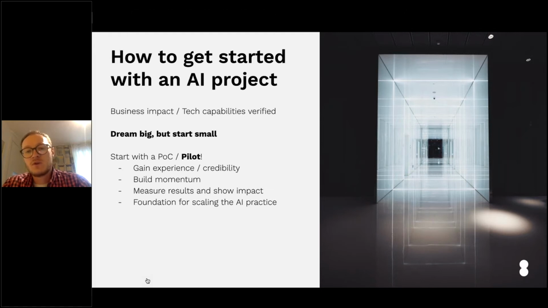So we'd very strongly suggest that if you're looking to start an AI project, start with a proof of concept or a pilot, in order to gain experience, build credibility and momentum with your stakeholders, and measure the results and show the impact that you're driving with those projects.